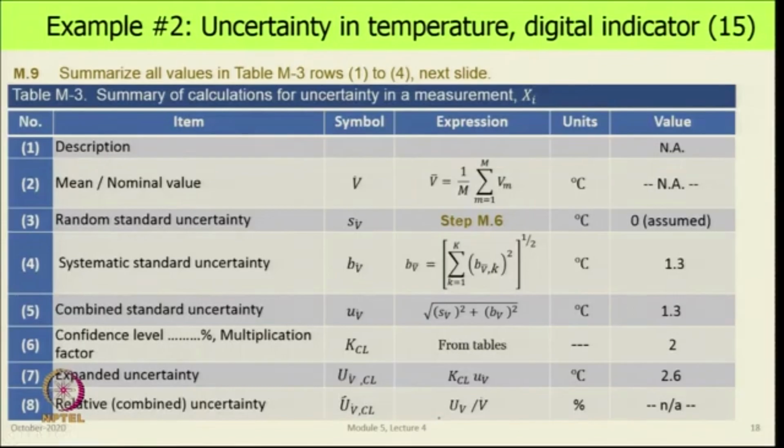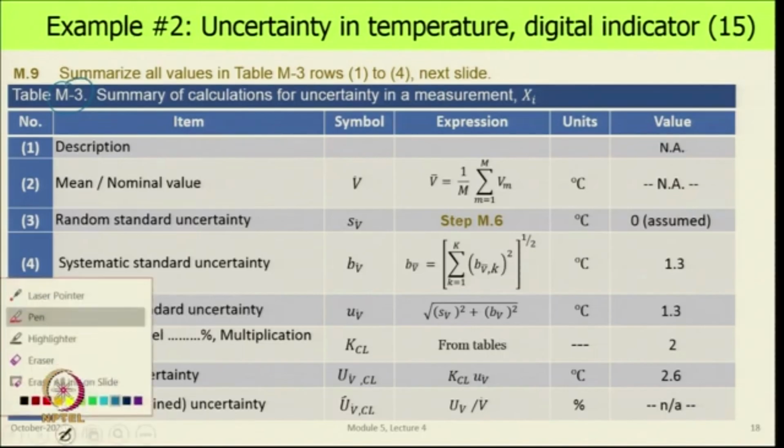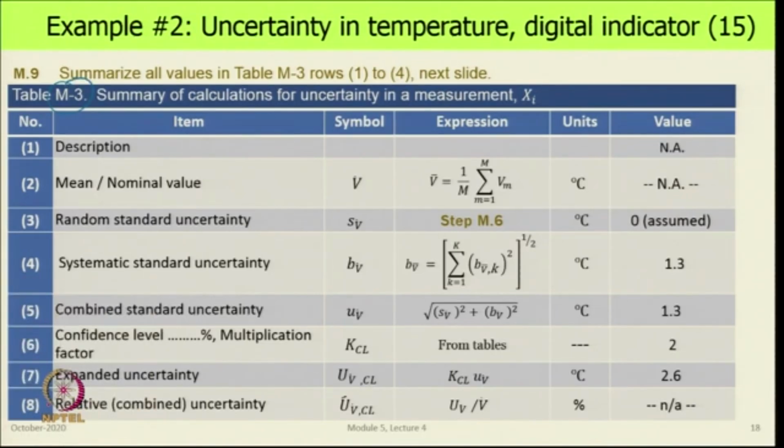Then we come to the complete summarization of everything that we have. This is the table M3, and here we can see that description, well, we want to make a temperature measurement in about 150 degrees Celsius environment. 150 could have been 120 to 180, 200, that is okay.